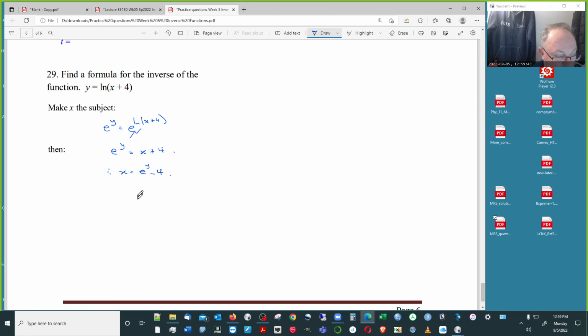So then you can do your inverse thing. Because you're just swapping, you're swapping at this point. So rearrange and swap.